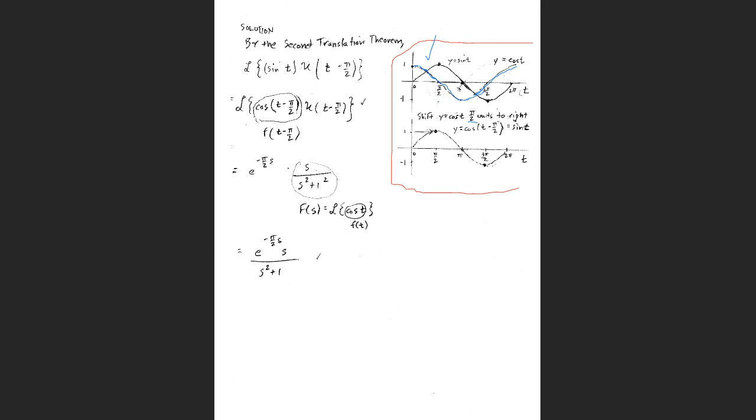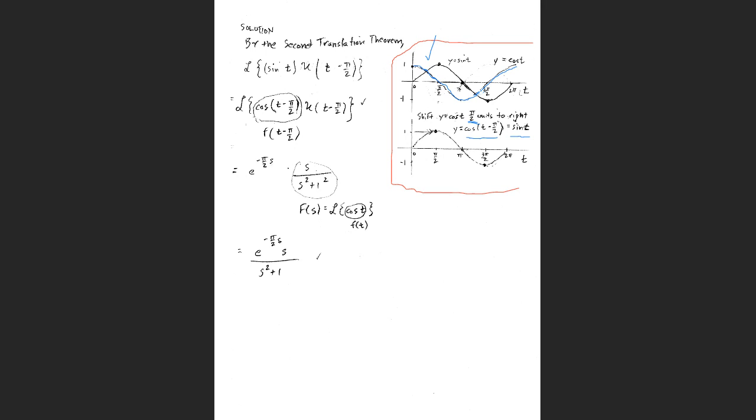I want to be careful how I say that. Take the cosine of t function and shift it pi over 2 units to the right. That new, shifted function would overlap the sine of t function. So shifting the cosine of t pi over 2 units to the right shows that the cosine of t minus pi over 2 is equal to the sine of t.